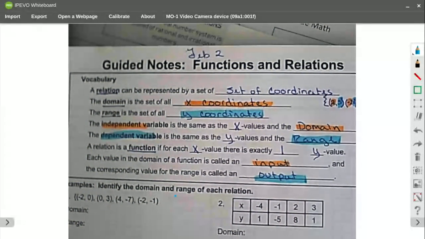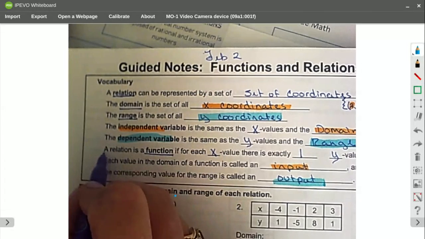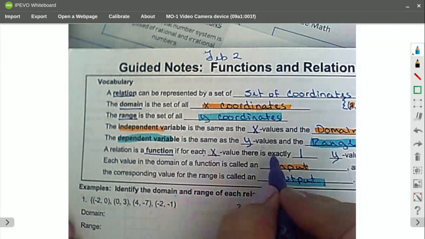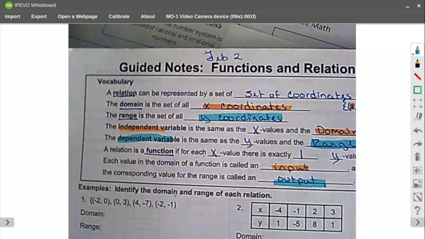Okay, now just one more thing on this part here. A relation is a function if for each x value, there is exactly one y value. What is that saying, guys? X does not repeat. Okay, the x does not repeat.